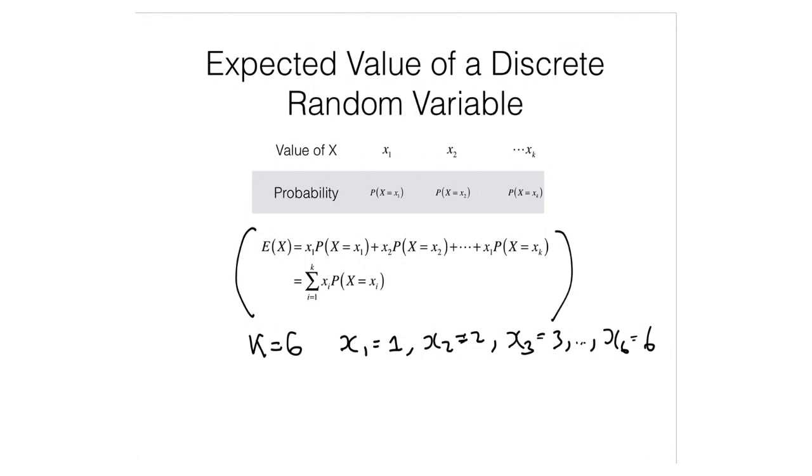And the probabilities, the probability that x is equal to x1 was the same as the probability that x is equal to x6. They were all equal to 1 out of 6. And then basically we would take these values and plug them into this formula.